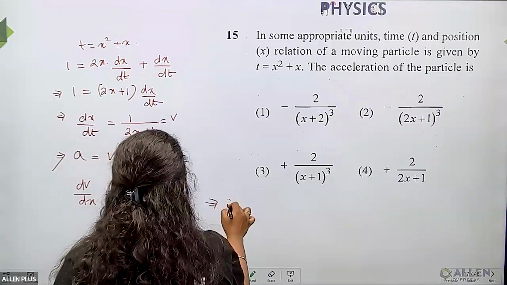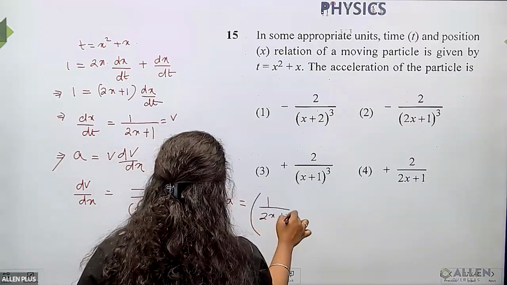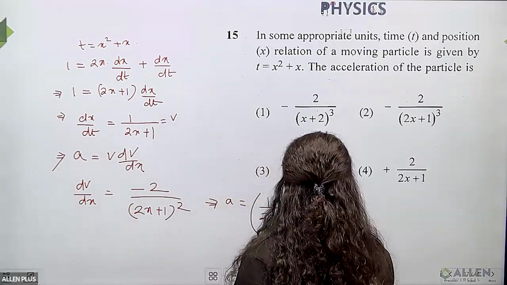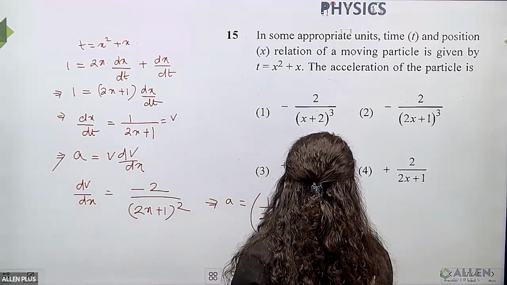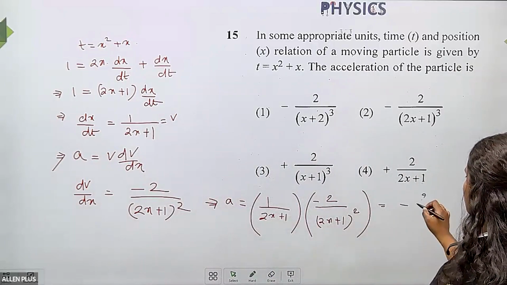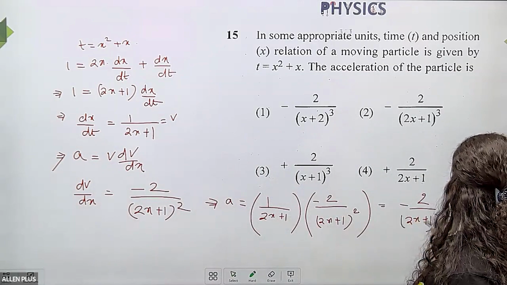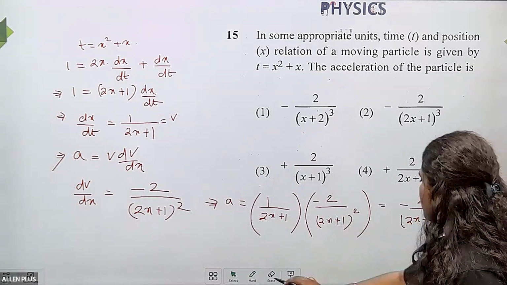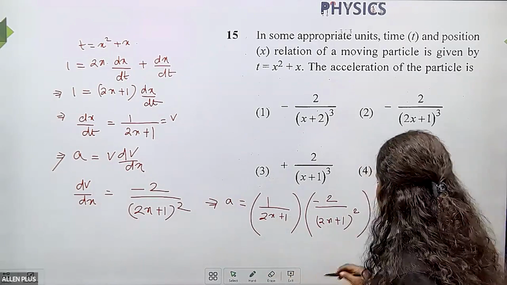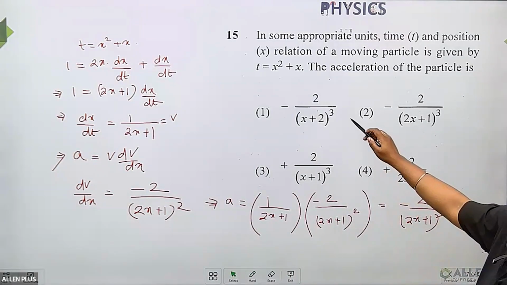From here I will be getting a is equal to, what is the value of v? 1 by 2x plus 1 into dv by dx, which is minus 2 divided by 2x plus 1 whole square. So from here I get minus 2 divided by 2x plus 1 whole cube. This will be my answer.